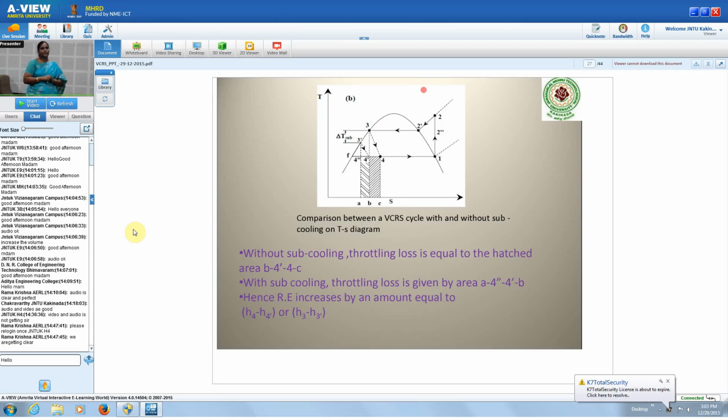With subcooling, the throttling loss is given by the area A4-4-B. Hence, the refrigerating effect is increased by the area under 4 dash. So instead of H1 minus H4, now it is H1 minus H4 dash.